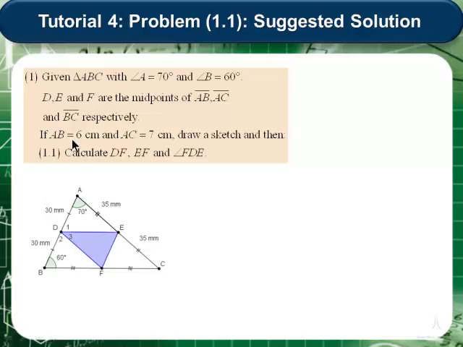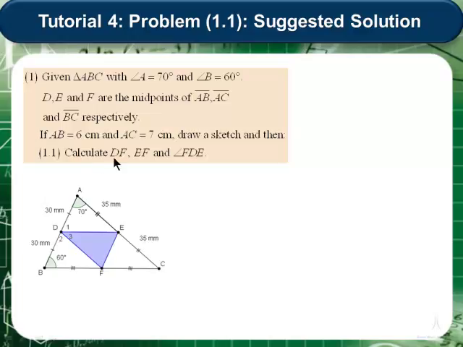Furthermore, it's given that AB is equal to 6 centimeters, so AD as well as DB will be 3 centimeters or 30 millimeters, and it's also given to us that AC is equal to 7 centimeters or 70 millimeters. Therefore AE is equal to CE, and both will be equal to 35 millimeters.